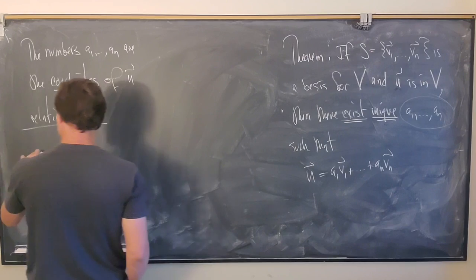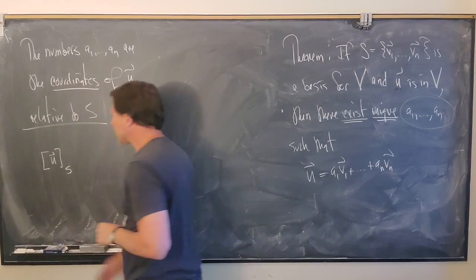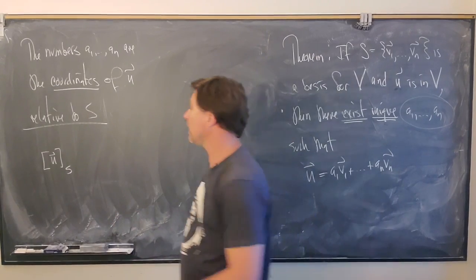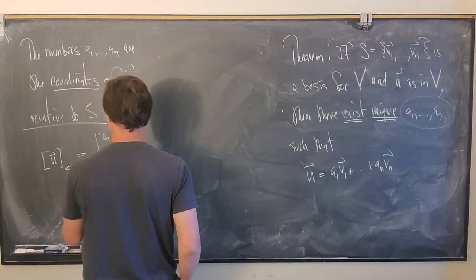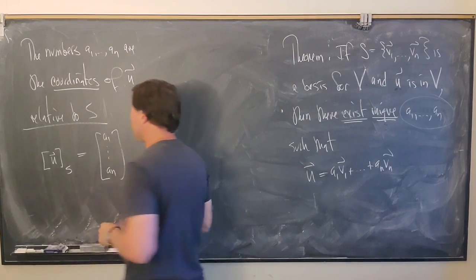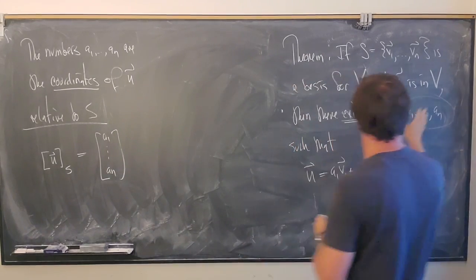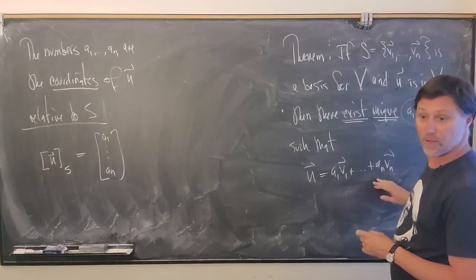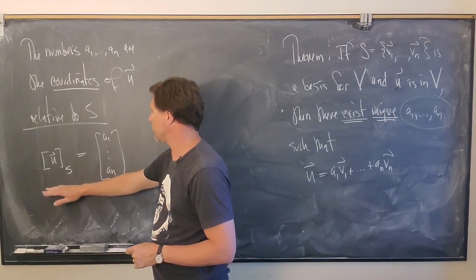We write it like this. Square brackets around u, sub S, equal to the column vector a1 up through a sub n. So the coordinates, those are the unique numbers that you use to express u as a linear combination of the vi's. Right? When you have a basis, we have this notation right here.